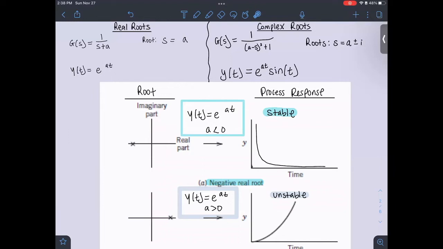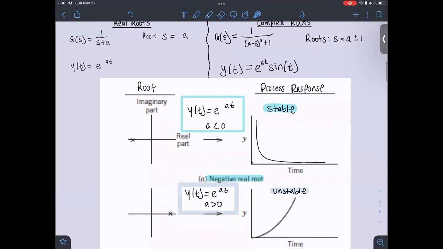Bottom line, if you have a negative real root, then your system is going to be stable. Similarly, if you have a positive real root, so in this case since our root is a, if a is greater than 0, you can see that the system will go to infinity and you will have an unstable system.